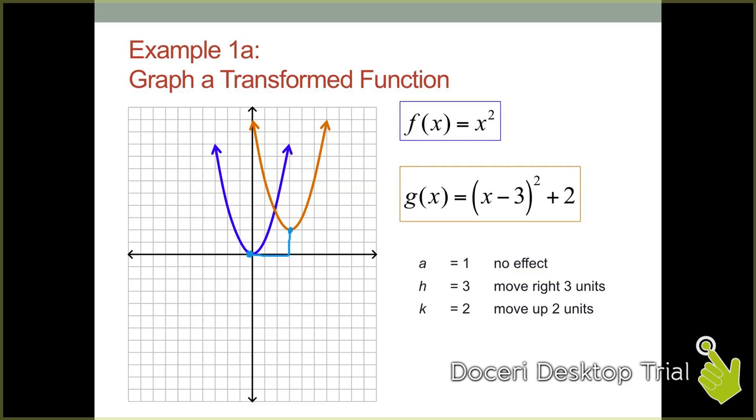So the fact that I've got points here and here means that from this new vertex I would have a point here and here. Okay, so again, size and shape is not going to change. I'm just changing location because my h and k values simply change location. They are transformation numbers.